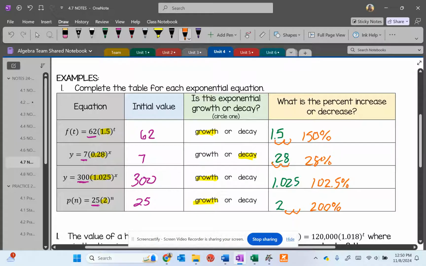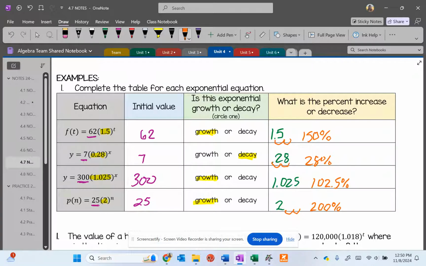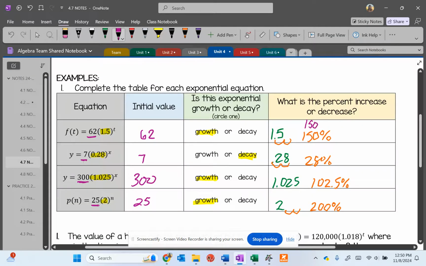Okay, so now I haven't really decided if this is percent increase or decrease yet because I haven't compared anything to 100. The easiest way I find is just to subtract 100 from each of these values. So 150 minus 100% is a positive 50. This means we're looking at a 50% growth, and that makes sense because we were looking at a growth function.